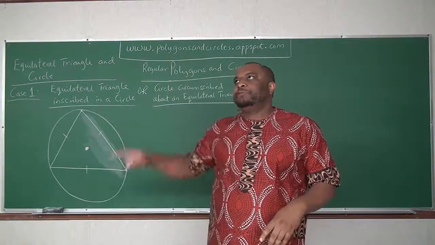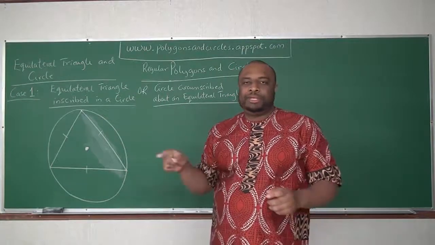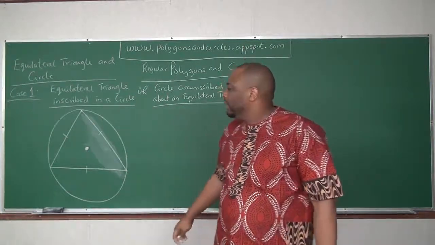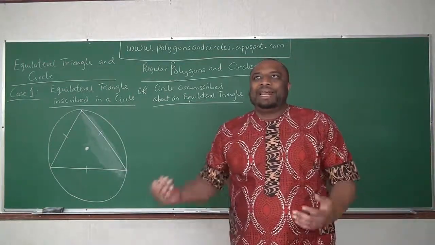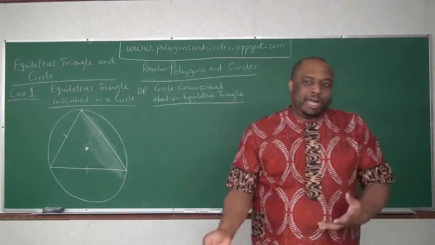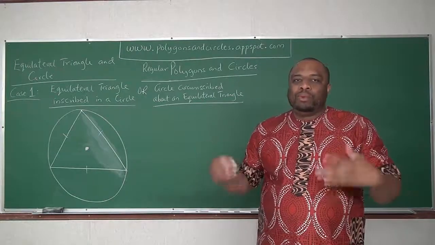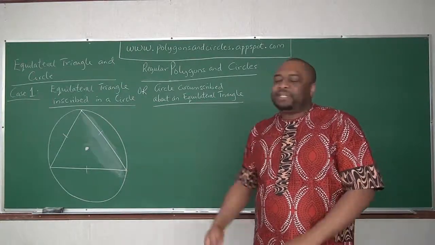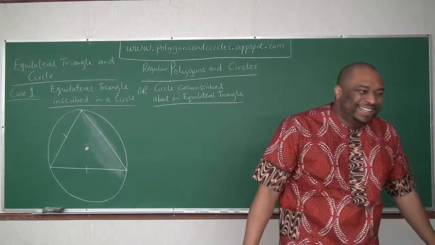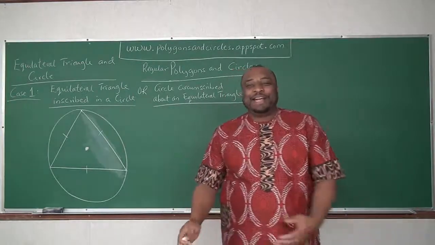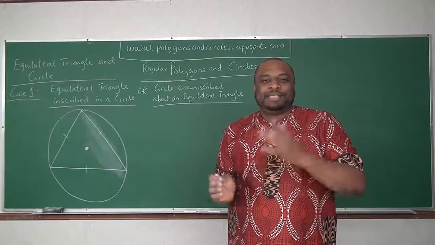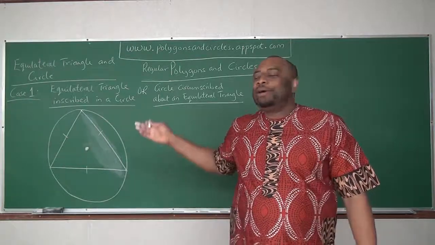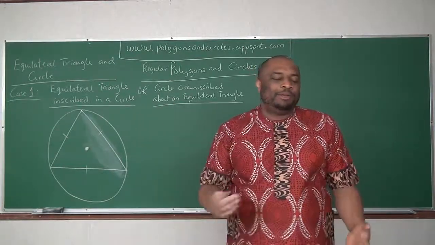So with closed straight sides, the triangle is the minimum. Rather than saying regular triangle, we say equilateral triangle. The regular triangle is the equilateral triangle.